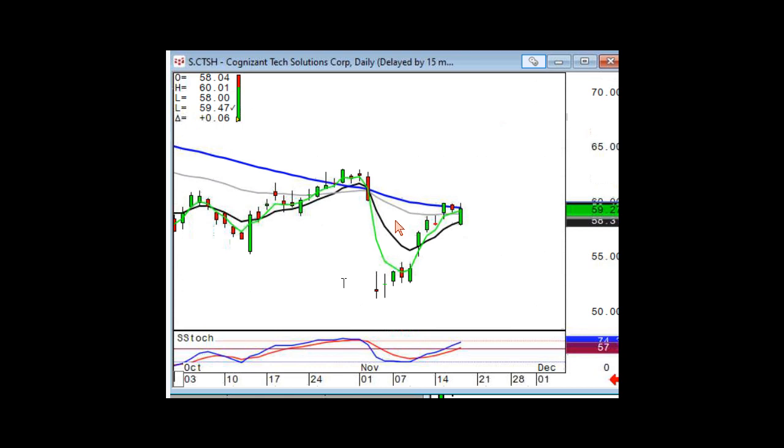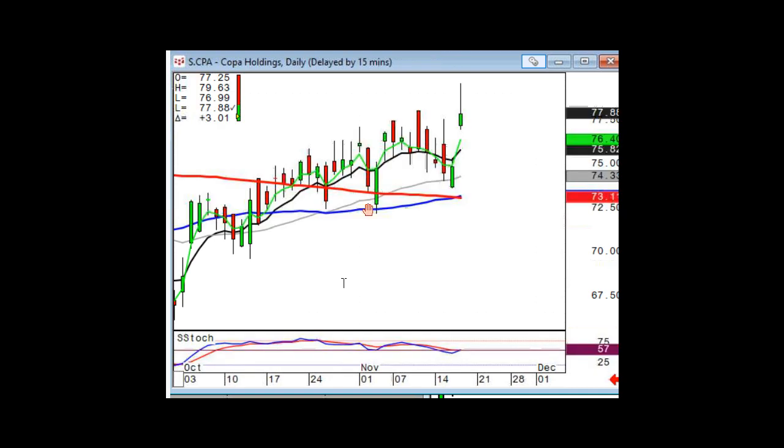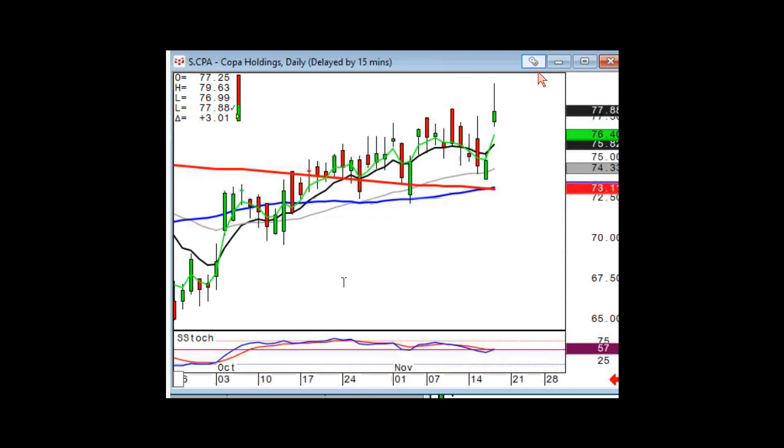Which means you can see there's a resistance level. It has to get up through that level to stay in it. If it starts trading lower, obviously the 50 is acting as a resistance. CPA, all you can do here is stay long. Just realize that you're in a channel, so it might not be real exciting.